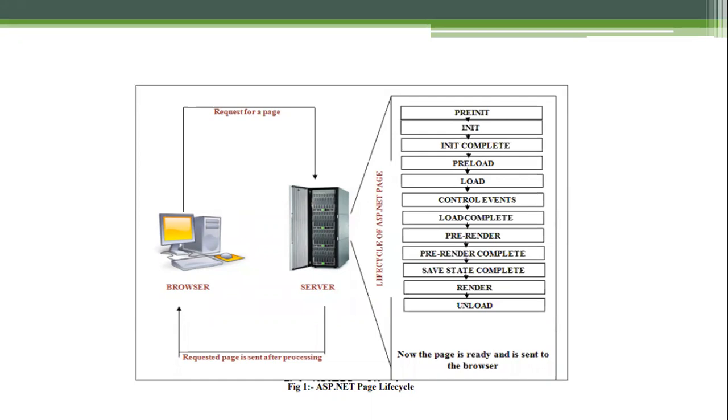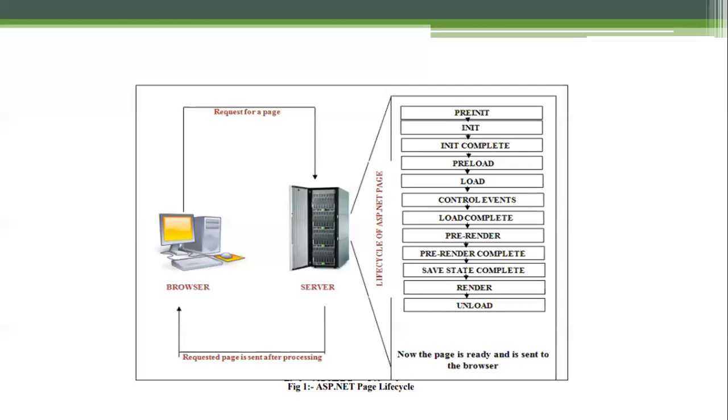Those events will occur at this stage. Load complete. This event is fired after completion of post back handling, and use this event for tasks that require other controls on the page to be loaded. If you want other pages' data or other controls' data to be loaded, then we can use that load complete method.